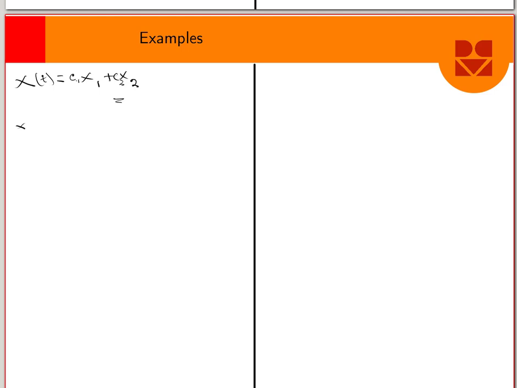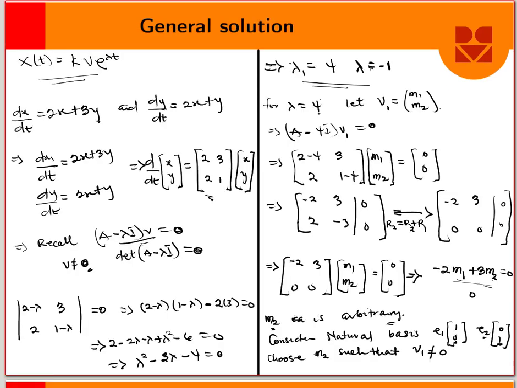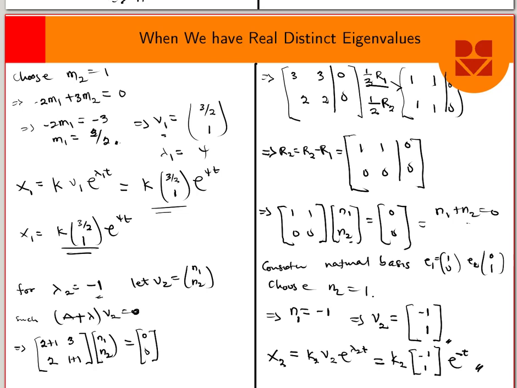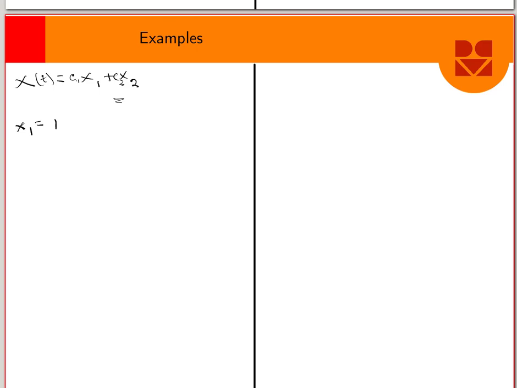Now we recall what x1 was giving us from our previous slide. x1 is giving us k1 times 3 over 2, 1, then e exponent 4t. Then our x2 is giving us a certain k2 times negative 1, 1, e exponent negative t.